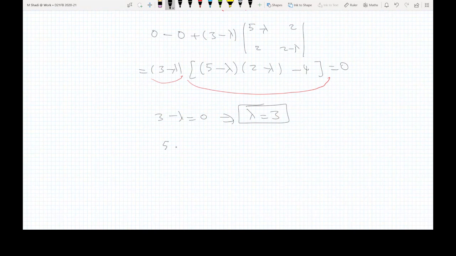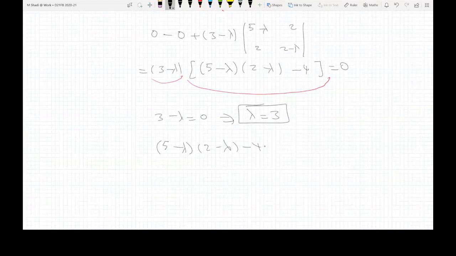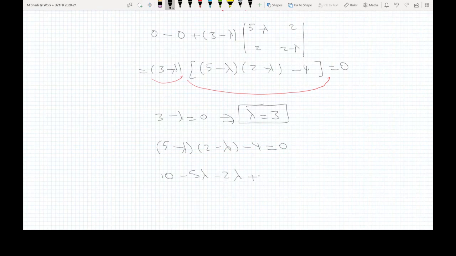Alternatively, we have 5 minus lambda multiplied with 2 minus lambda, minus 4, is equal to 0. And in this case, I'm going to expand that. So it is 5 multiplied with 2, this is 10, minus 5 lambda, and then minus 2 lambda plus lambda squared, minus 4, is equal to 0.